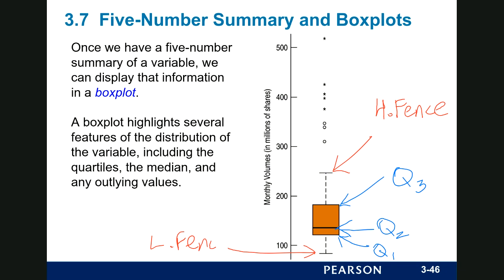And the points that you're seeing over here are considered the outliers. And again, the outliers are observations in your data set that are completely different from the rest of your observations.